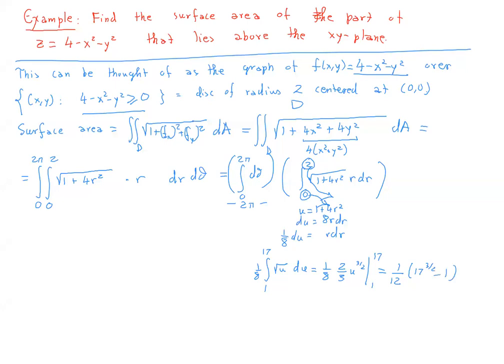Don't forget that this was just the second factor. So when we multiply things together here, we will have pi over 6 times 17 to the 3/2 minus 1, where 17 to the 3/2 is 17 times the square root of 17. And that's the actual surface area that we were looking for.